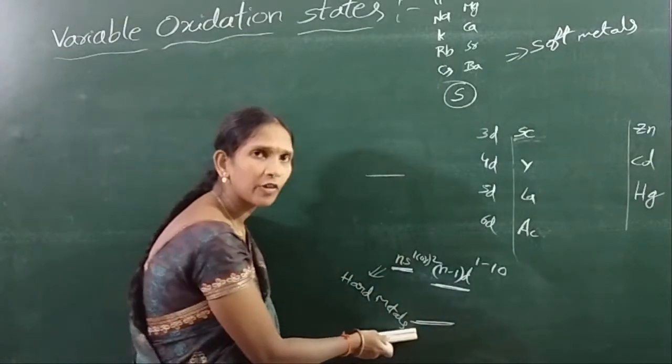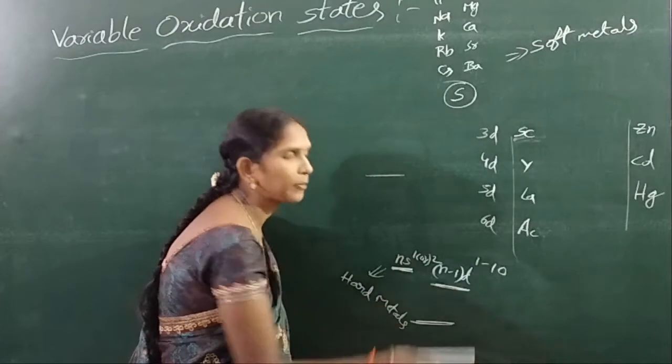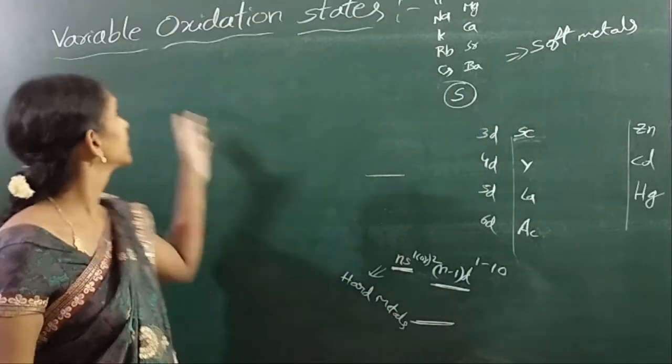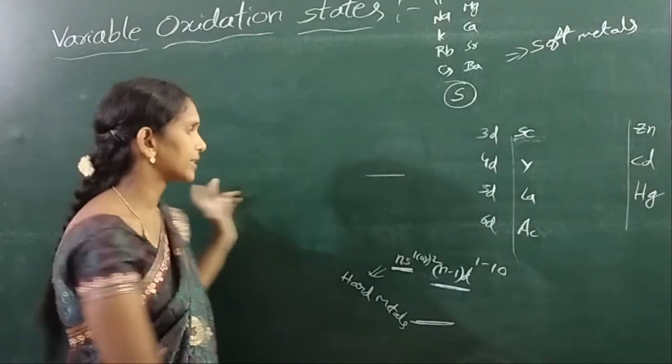In bond formation, both ns and n minus 1 d electrons are involved, so there exist variable oxidation states.